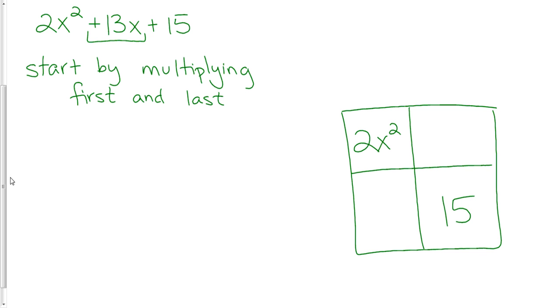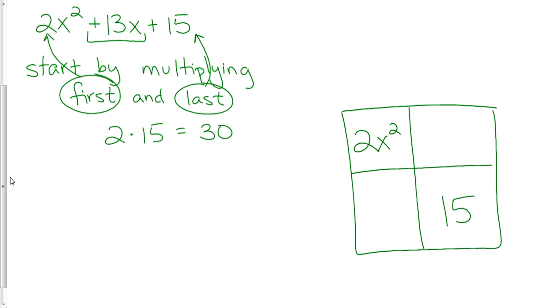What do I mean by first and last? First is that number, last is that number. So I would do 2 times 15 to get 30.